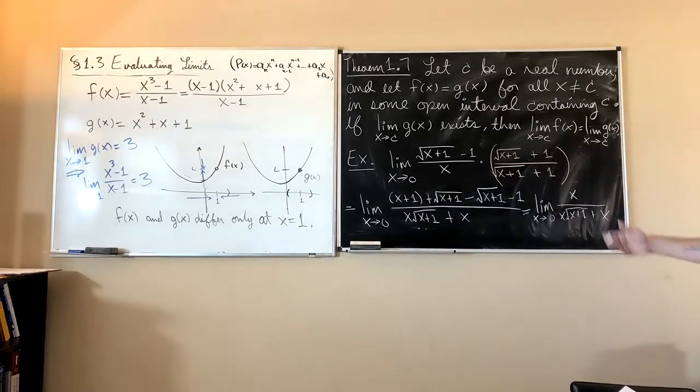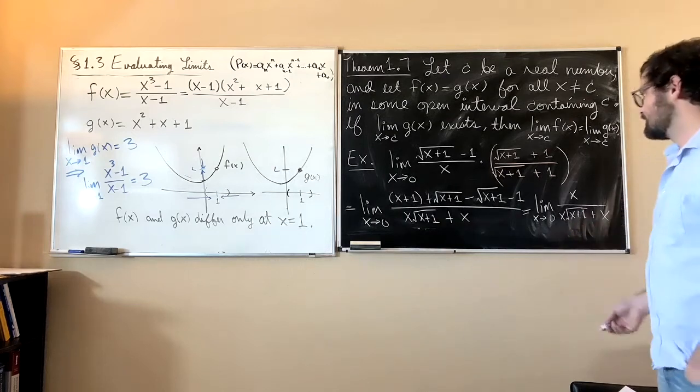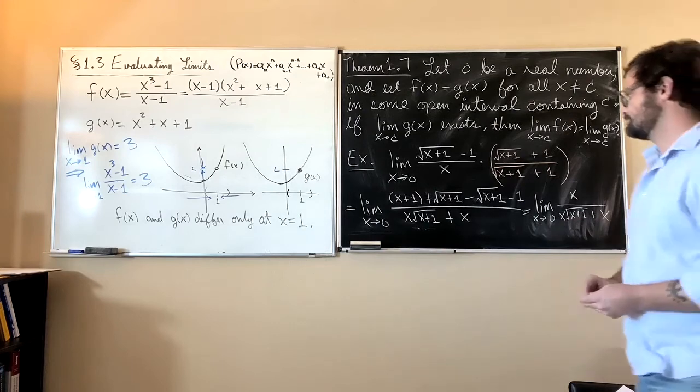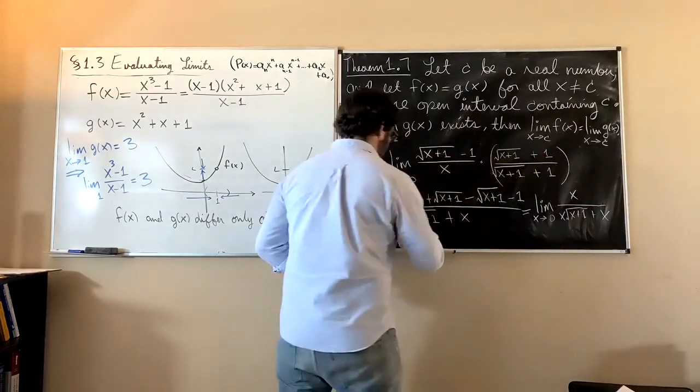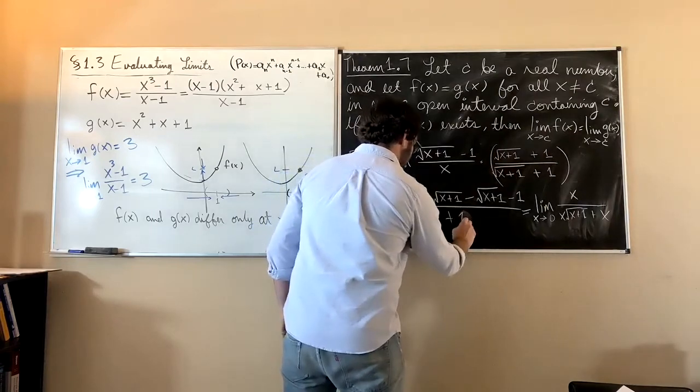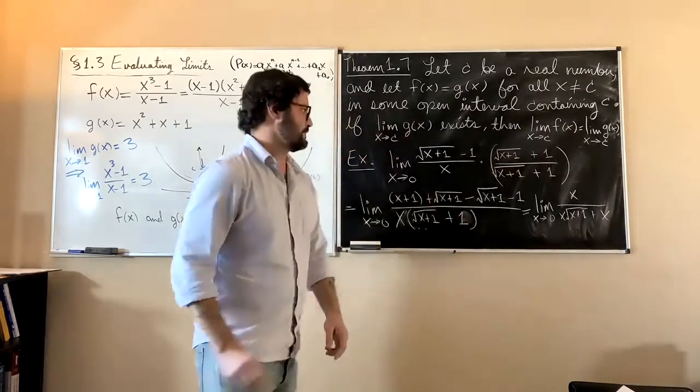And then if we plug in x equals 0, well, actually, we can simplify this out even more. X divided by, so I should just leave it like this so you can see it better.